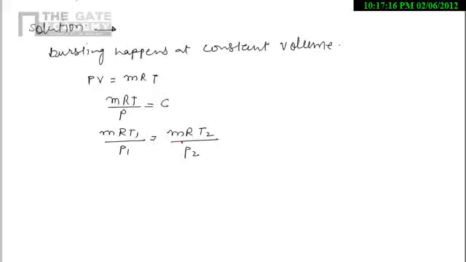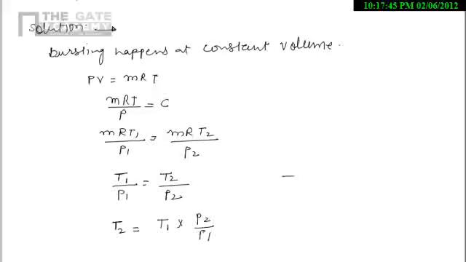Here m and R are constant. Only the T and P are the variables. So now I can simplify it: T1 by P1 equals T2 by P2. We have to find out the final temperature at which it is bursting, so we are interested in T2. So T2 will be T1 into P2 by P1.